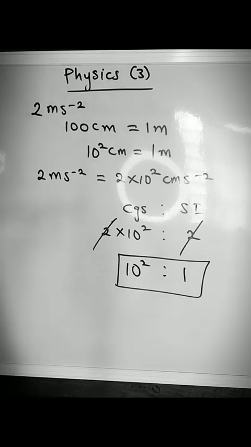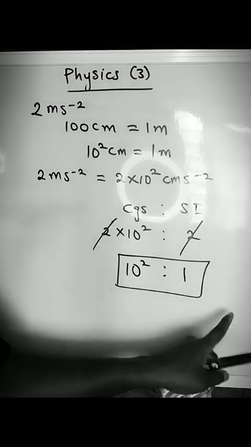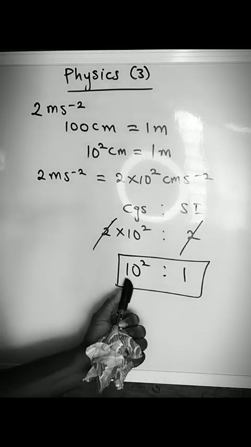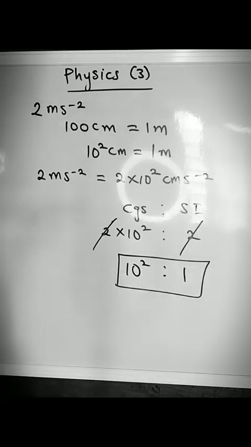Regardless of the magnitude of the unit of acceleration, our answer would always come out as 10 to the power 2 ratio 1, that is 100. So 1 unit in SI is the equivalent of 100 in the CGS units.